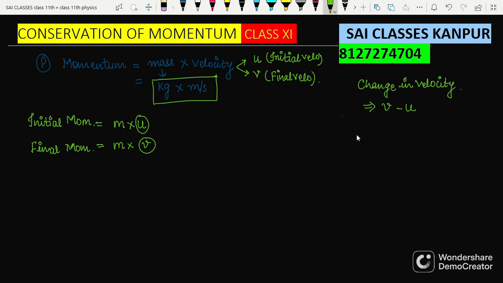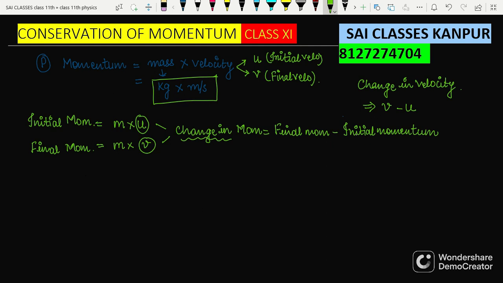Similarly, what is change in momentum? Change in momentum becomes final momentum minus initial momentum. How is change represented in physics?